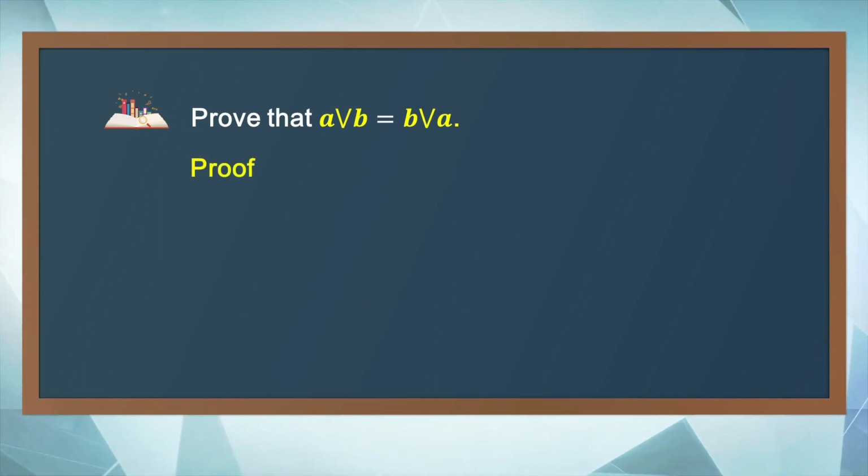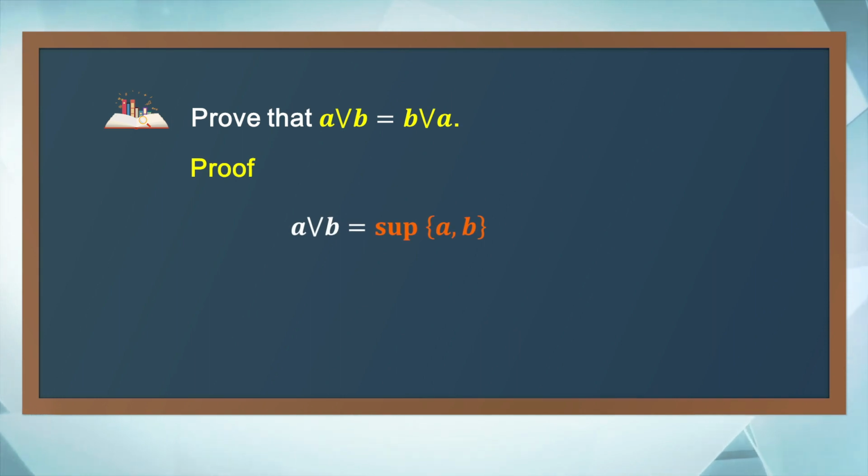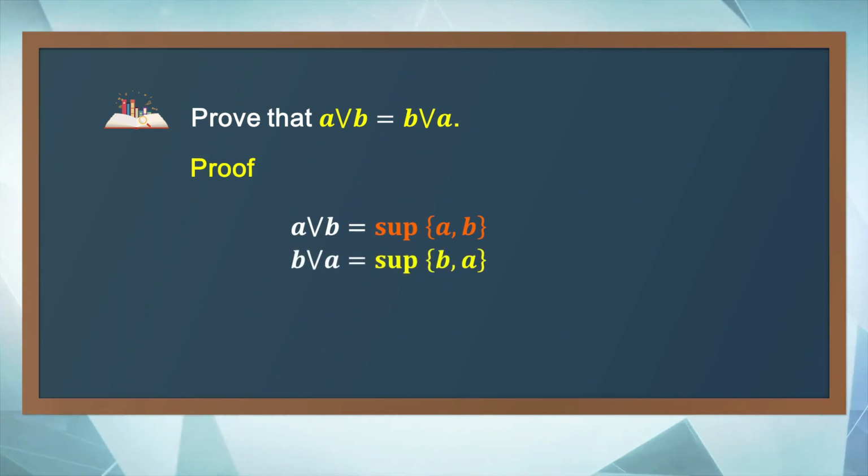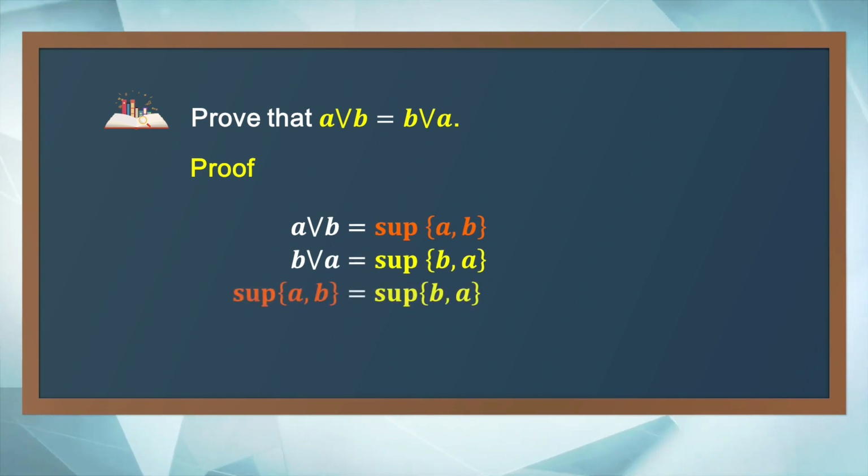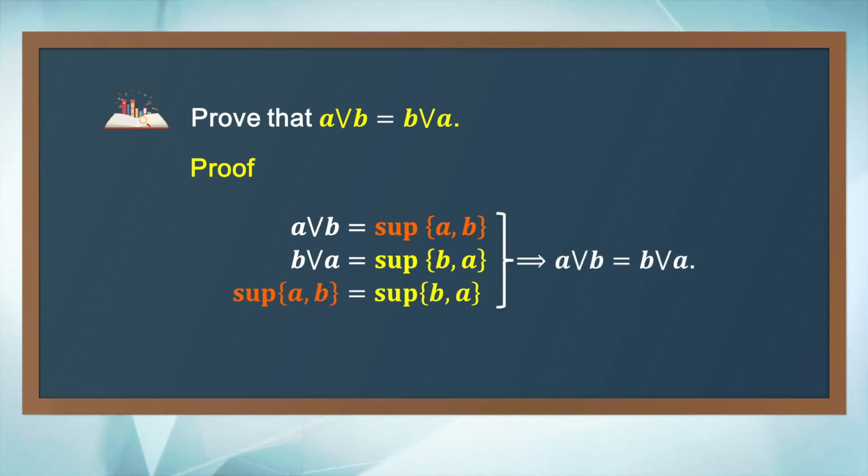By the definition of join operation, we have the join of A and B equals the supremum of A and B. The join of B and A equals the supremum of B and A. Because a set is an unordered collection of elements, we have the supremum of A and B equals the supremum of B and A. So the join of A and B equals the join of B and A. Similarly, we can prove that the meet of A and B equals the meet of B and A.